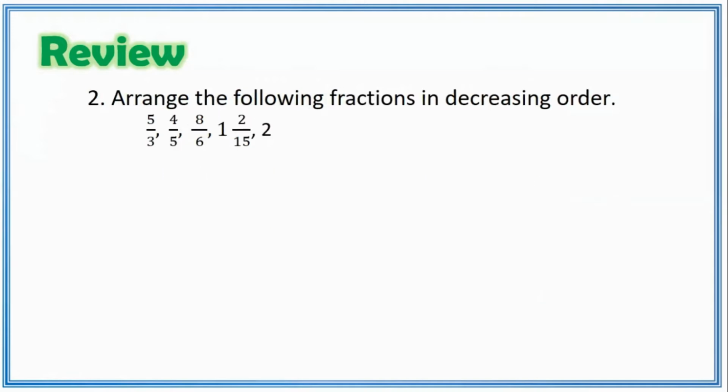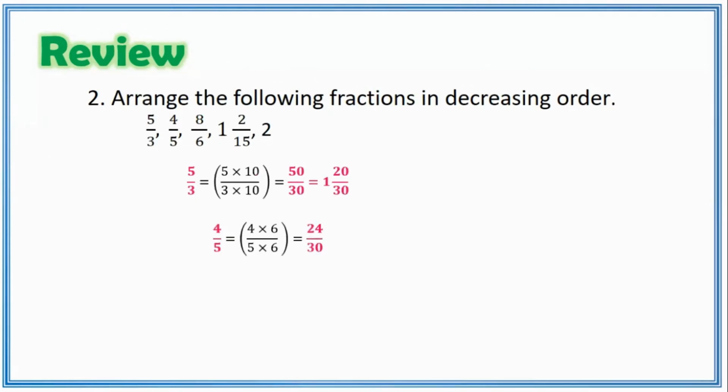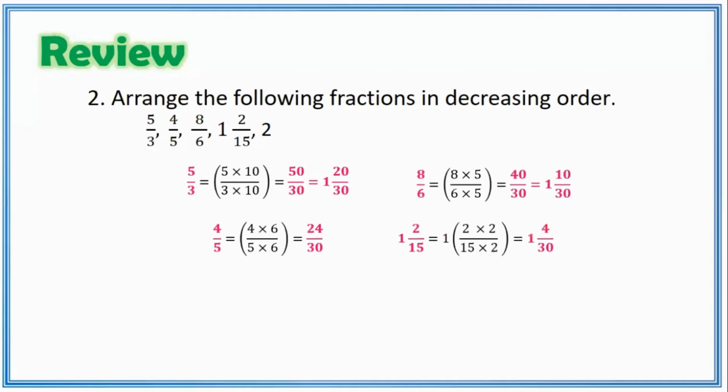For number 2, arrange the following fractions in decreasing order. So we have here 5 out of 3, 4 out of 5, 8 out of 6, and 1 and 2 out of 15.